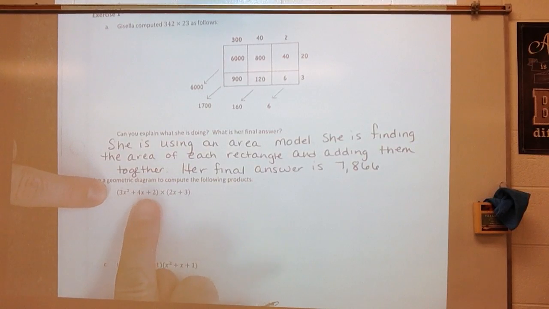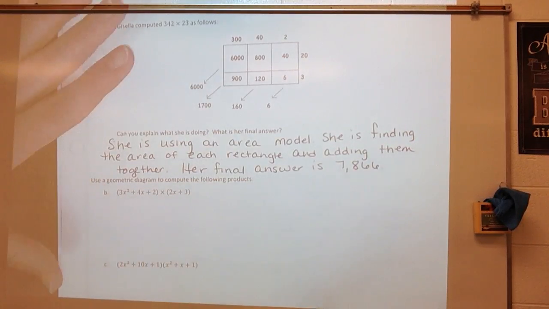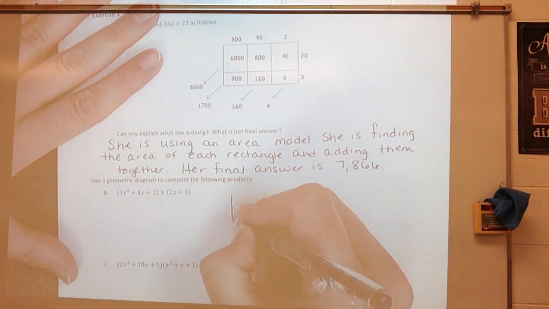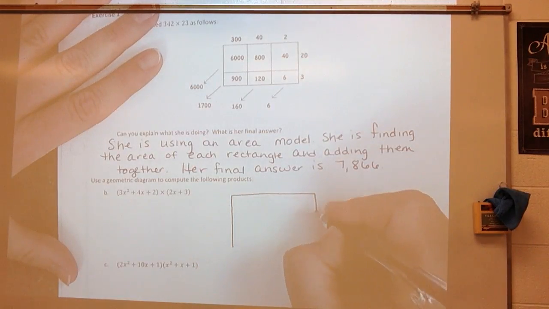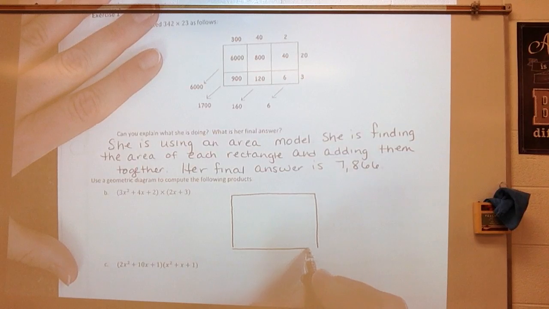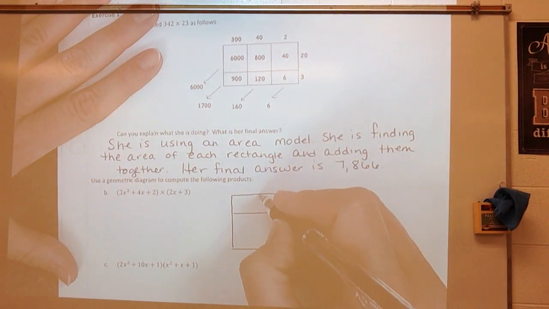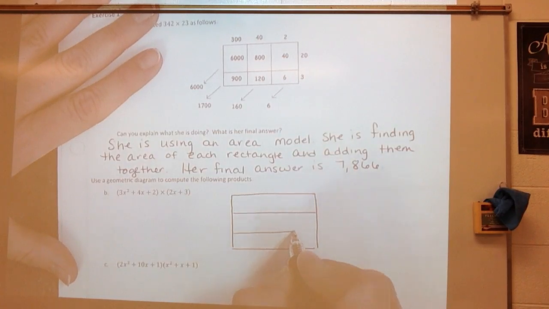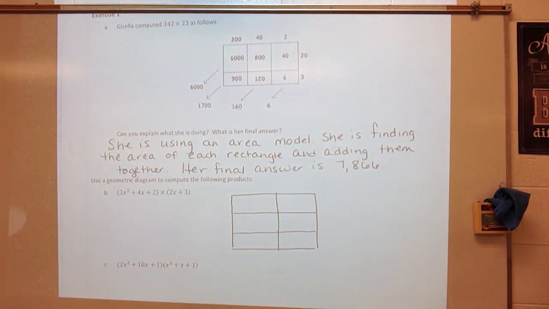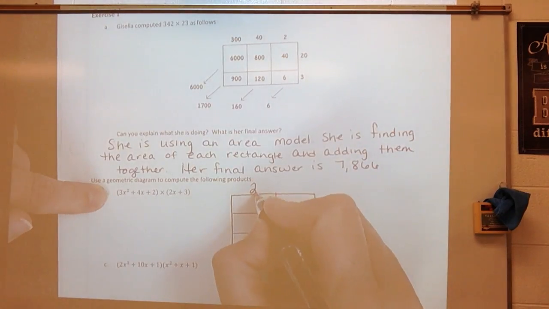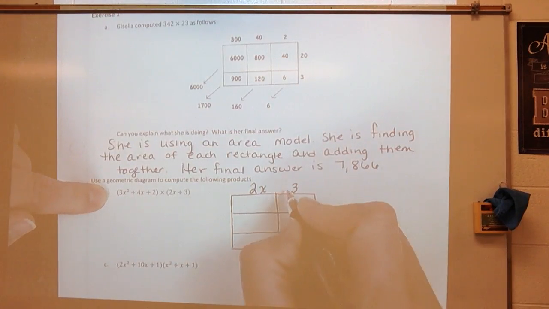So look, I've got a 3 by 2. Alright, so I can do 3 across. I can do 3 on the side, which I think I'm going to do just to give myself a little bit more room. So I'll do 2x at the top and 3 here.